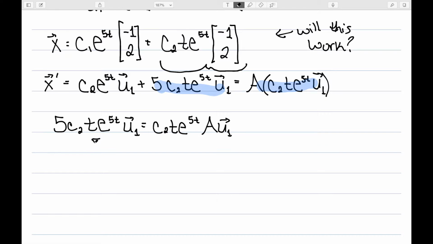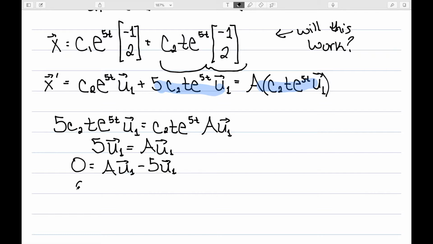When I do, this side becomes 5u1 equal to Au1. That's 0 equal to Au1 minus 5u1. And factoring out the u1 gives me A minus 5I times u1. Well, this is exactly what I solved in the first place to get u1. So this does not give me any new information here.